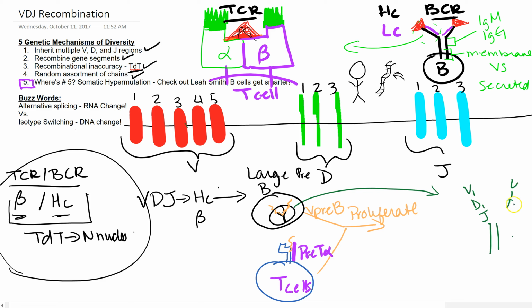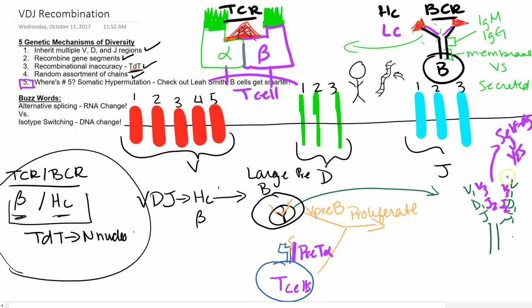And now we need to make our light chain. So let's say for our light chain, it chooses V3, J2. And then it goes to test it to see, okay, is it reactive to self-antigen? Let's say the answer is yes.